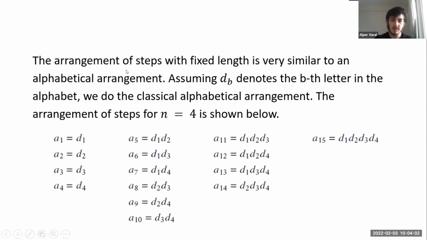And for a fixed length, the arrangement is similar to an alphabetical arrangement. Assuming di denotes the ith letter in the alphabet, we do the classical alphabetical arrangement. The arrangement of steps for n equals 4 is shown below. For example, this A5 vector can be thought of as AB. This A6 is AC, AD, BC, BD, CD.